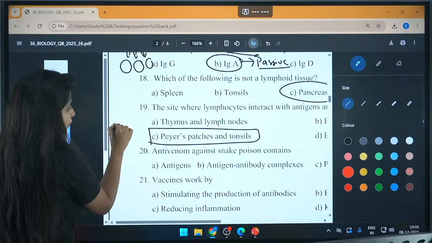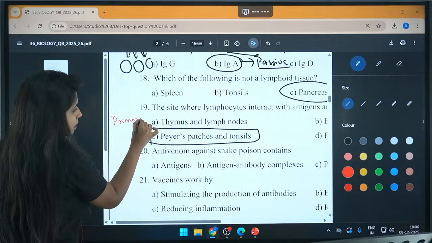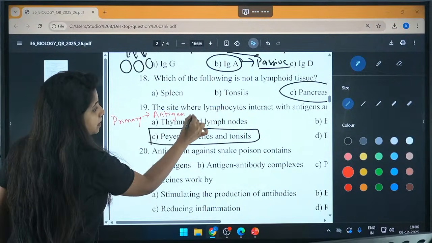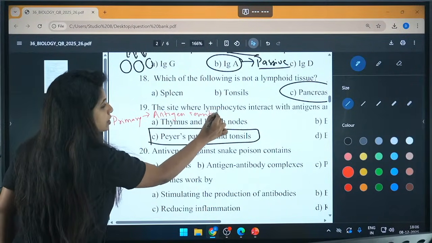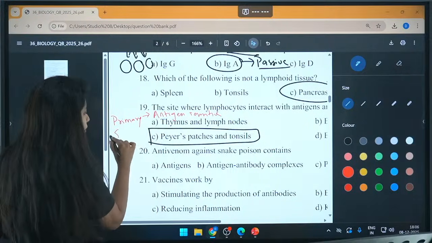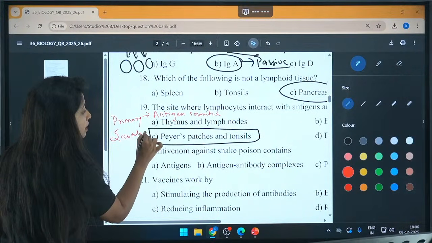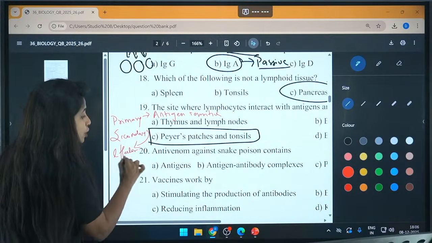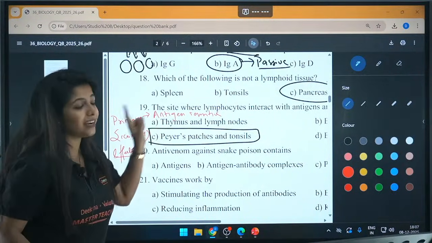So, in our body, we have primary lymphoid organs. Primary is where they become antigen sensitive. That means they know that I have to react to certain antigens. That is what you mean by antigen sensitive. Now, secondary lymphoid organs are where the lymphocytes become effector cells. That means they are going to actually show the effect of killing those antigens.